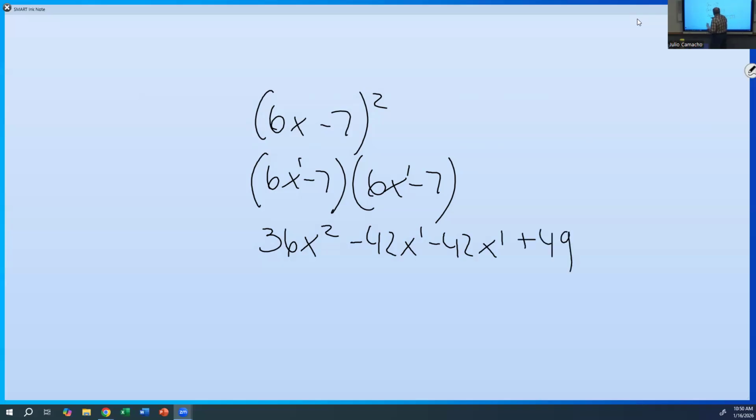And you simplify: there is nothing to combine with this number, but you can combine the middle, negative 42 and negative 42. Remember, when you have two negatives, it's like you are adding these numbers. So it would be negative 84x to the 1 power, and there is nothing to combine with the 49. That is the final answer.